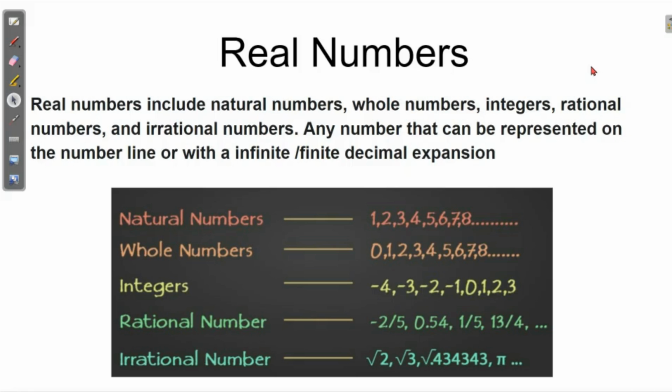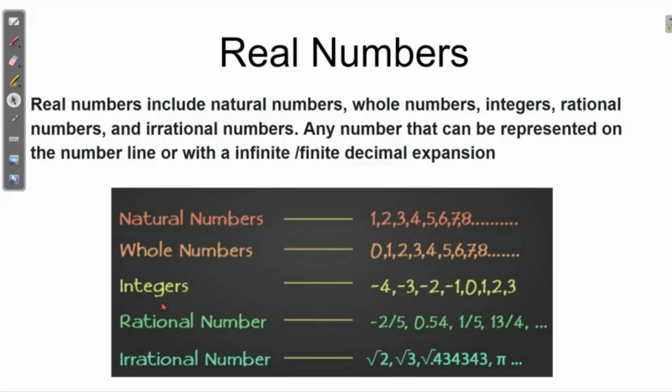So under real number, we have these main categories, that is natural number, whole number, integer, rational, and irrational. Natural numbers are numbers from 1, 2, 3, 4 up to infinity. Whole numbers are the same as the set of natural numbers plus 0. That is, it starts from 0, 1, 2, 3, 4 up to infinity.